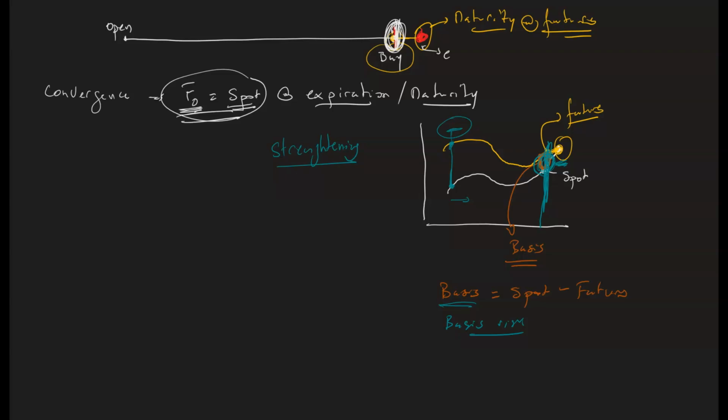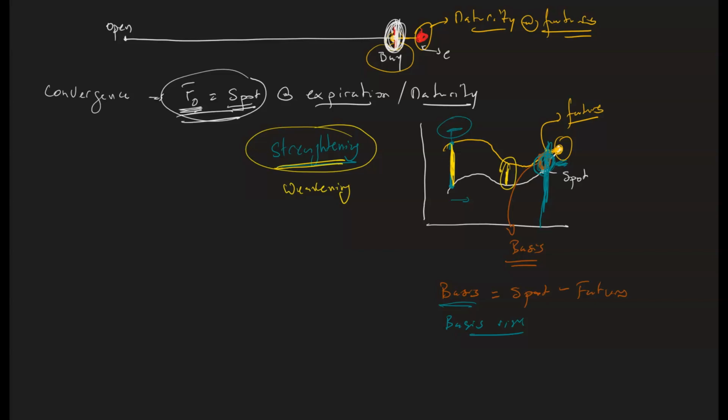And if basis decreases, like here, so here is wide, that's a strengthening basis, and here is small, that's a weakening basis. So when the basis widens or increases, we say that it is strengthening. And when the basis narrows or reduces, we say that it is weakening.